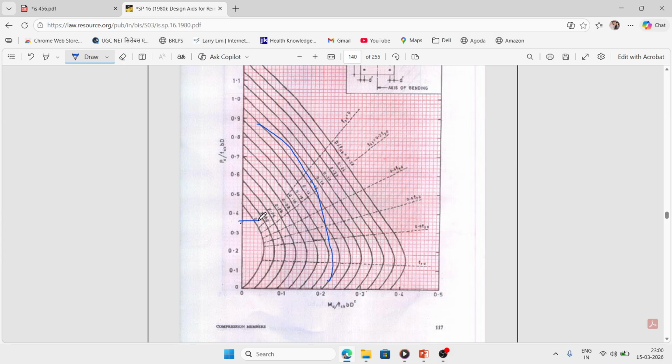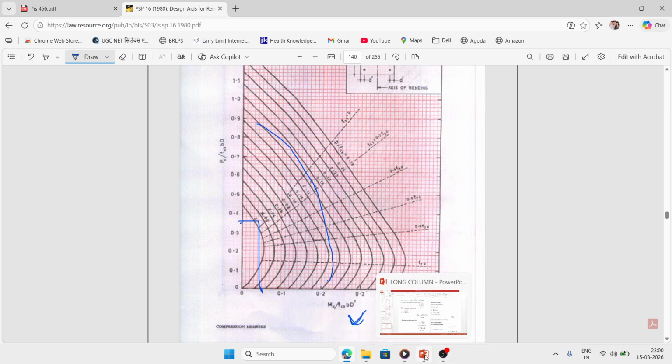Suppose 3 point something at 0.1, whatever value you get will give Mu upon fck bD square. That will give the ultimate moment.